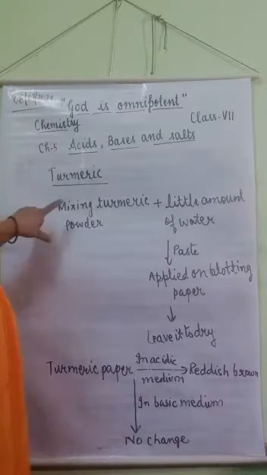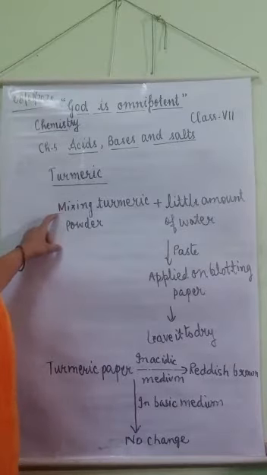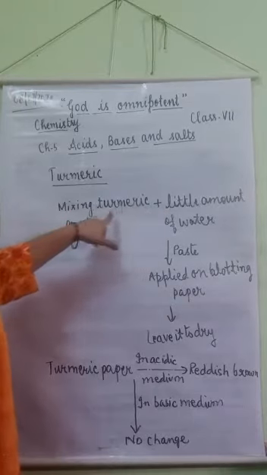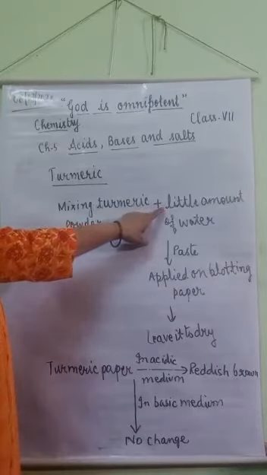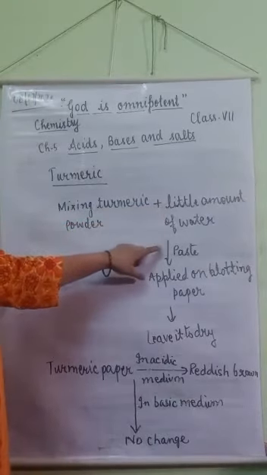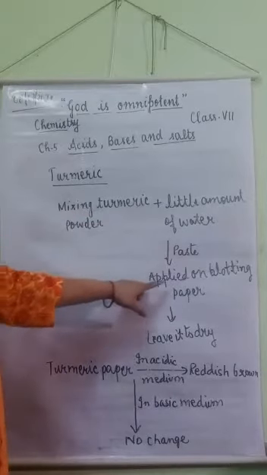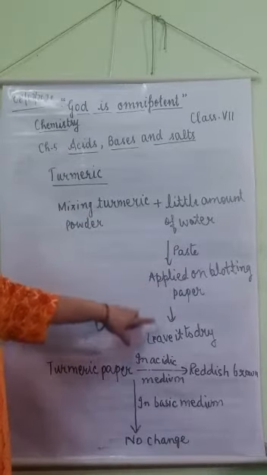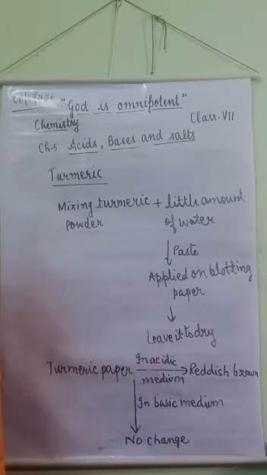We take some turmeric powder, mix it with a little water and make a paste. Then this paste is applied on blotting paper and left to dry. When it is dry, our turmeric indicator is ready.